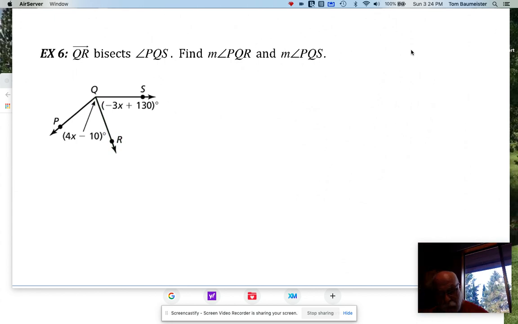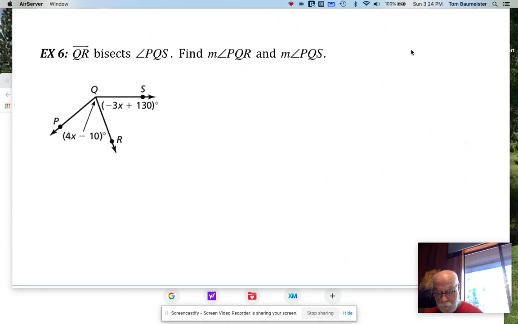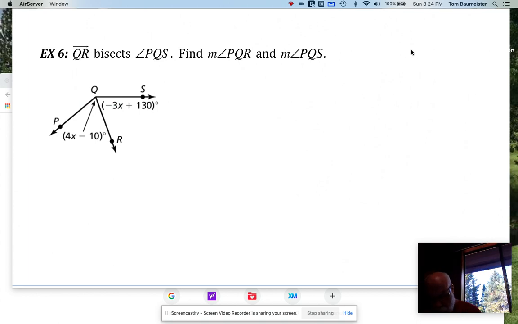Since it bisects it, we know that this one here and this one here are equal. Since we know they are equal, ladies and gentlemen, here I'll even mark them as equal for you. We can say that 4x minus 10 is equal to negative 3x plus 130.